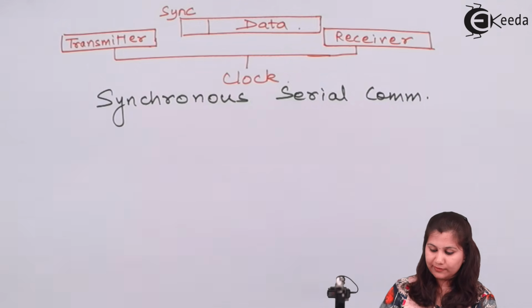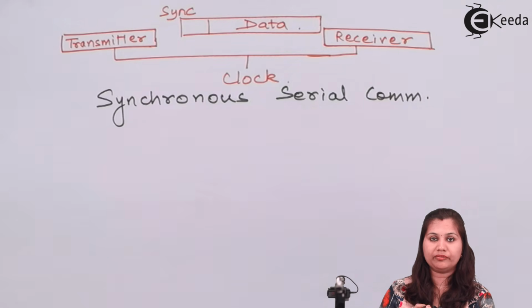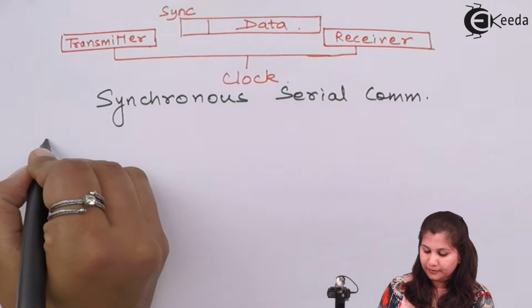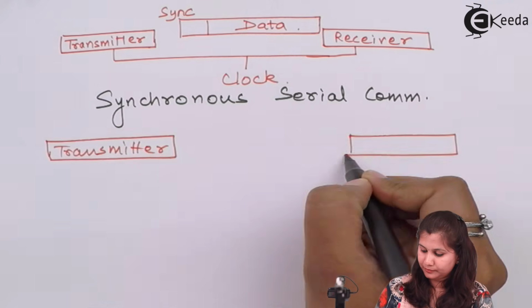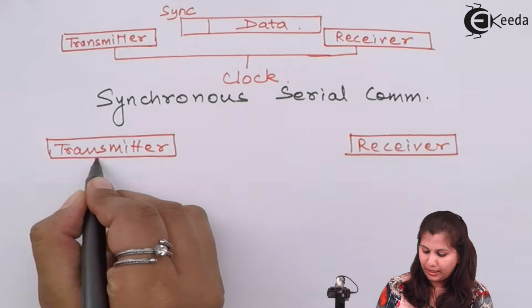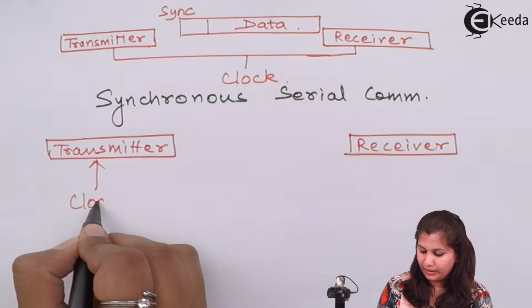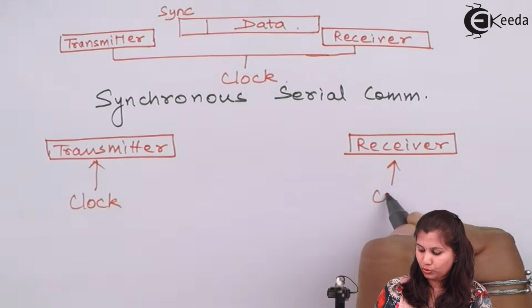In asynchronous, we have the transmitter and receiver with separate clocks. The transmitter has its own clock and the receiver also has its own clock.